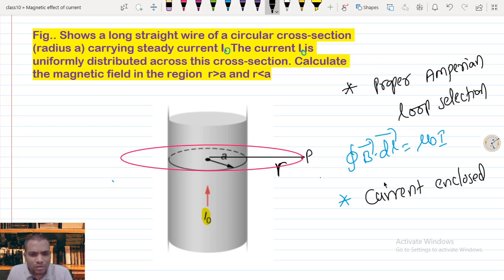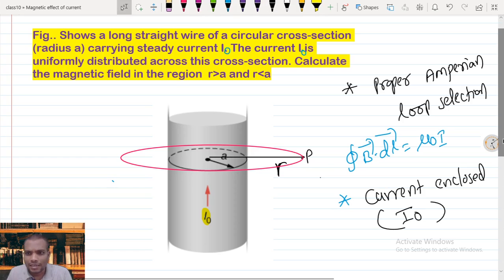Since it is enclosing the total radius of the conducting wire, I naught is the total current passing through the conducting wire. So in this case the current enclosed equals I naught itself. Now the third point: from here I got the current, and mu naught is a constant, so we need not bother.